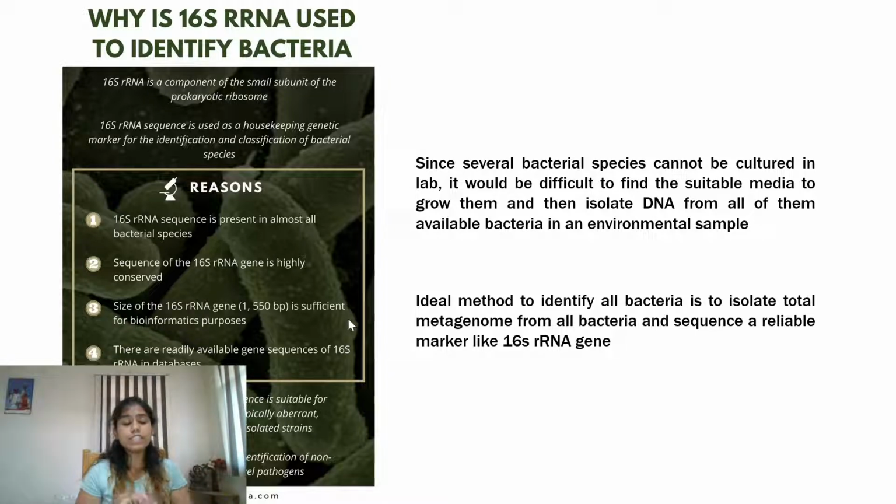And the sequence is highly conserved because the ribosome, like I mentioned, is the most basic unit in any cell, important for protein production. It should be there in all the cells, and if any of the important sequences or amino acids responsible for this whole ribosomal mechanism is altered, the whole cell and the whole organism will collapse.